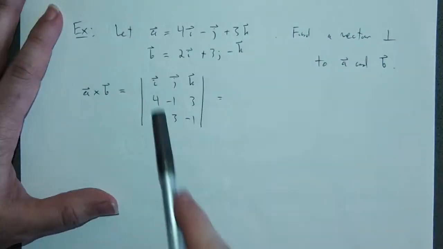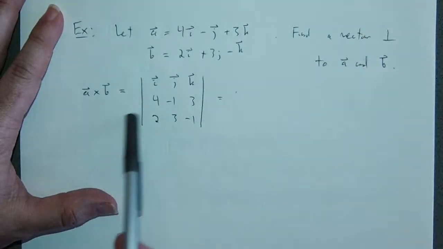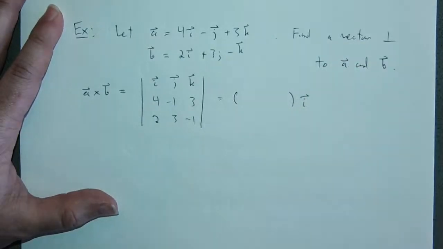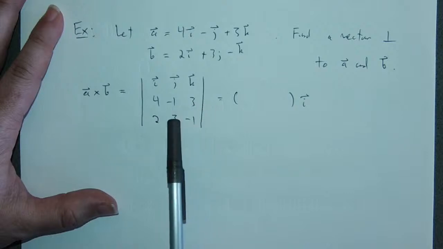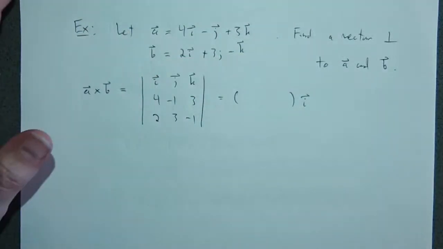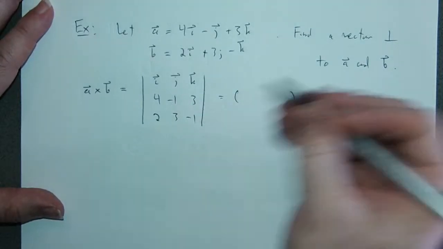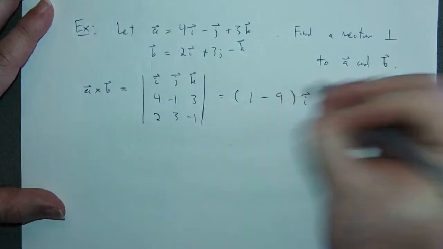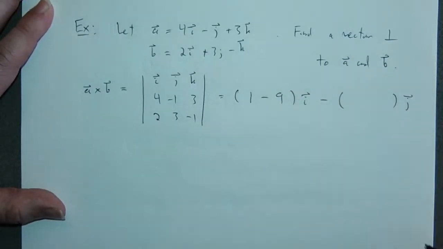So computing this, what is the term multiplying the i? I'm going to quickly compute these determinants here. I have something times the i term. What is that? It's the determinant of this matrix, minus 1, 3, 3, minus 1. So this is minus 1 times minus 1 is 1, so this is 1 minus 3 times 3 is 9, so this is 1 minus 9 i, minus something times j.